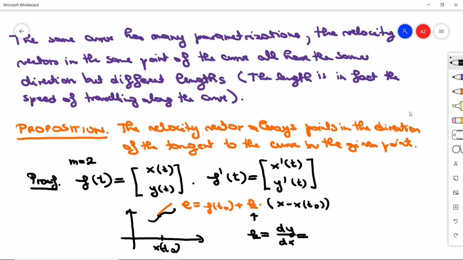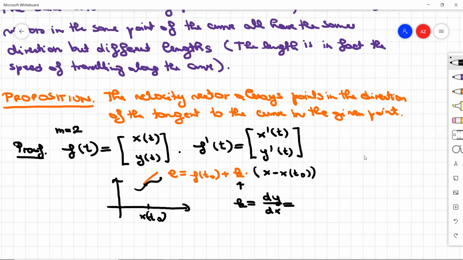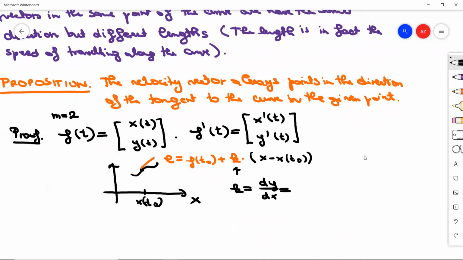So this is in the xy plane, and so this x is now the independent variable, and this y is the dependent one.